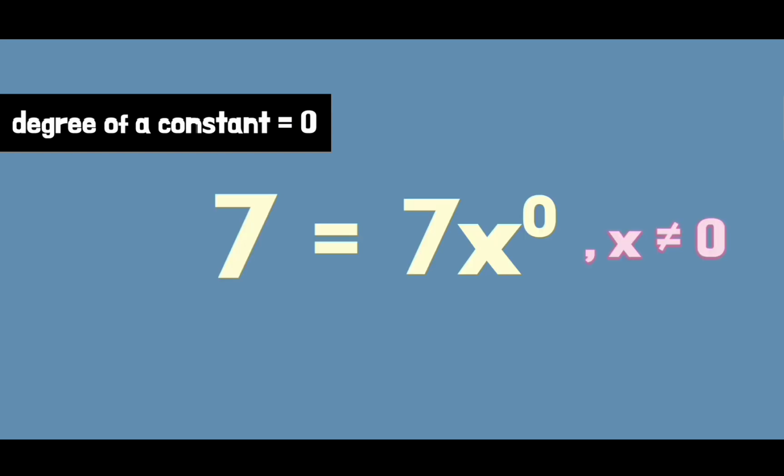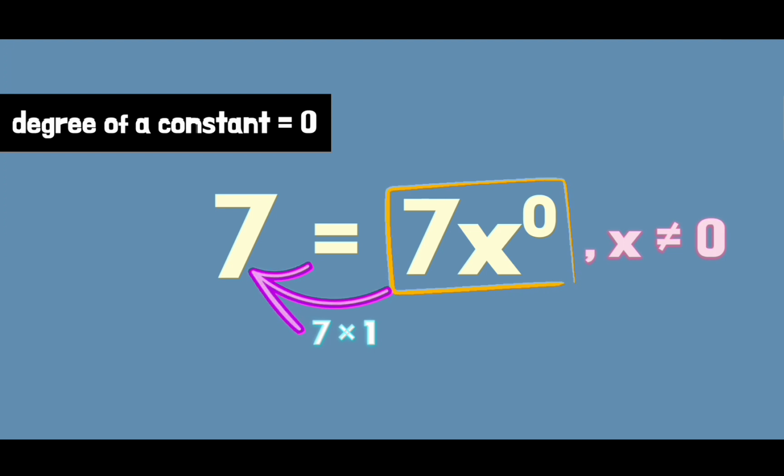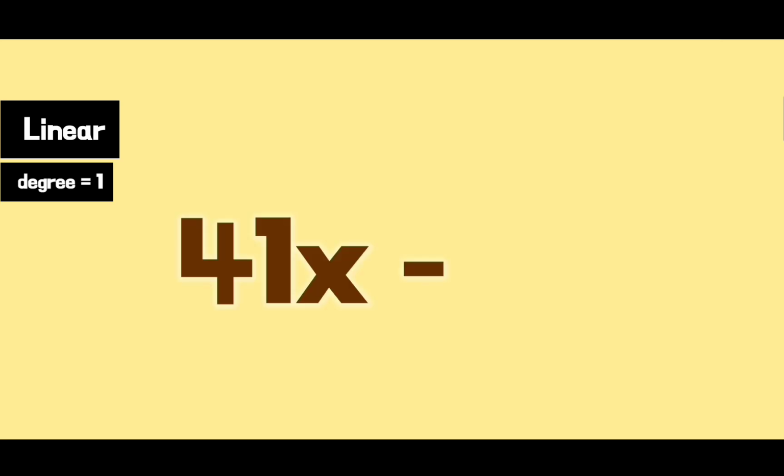There are also special names for polynomials based on its degree. The degree of a constant is 0 because you can write, say, 7 as 7x to the power 0, which is just 7, since any non-zero number to the power 0 equals 1. A linear polynomial has degree 1, like 41x minus 7.